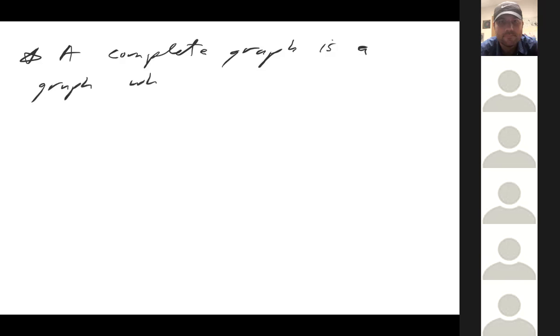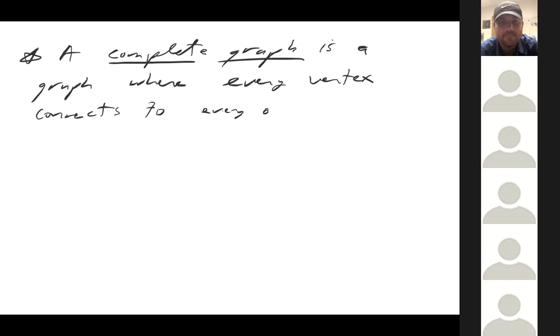A complete graph, and this is going to be important, is a graph where every vertex connects to every other vertex with an edge.